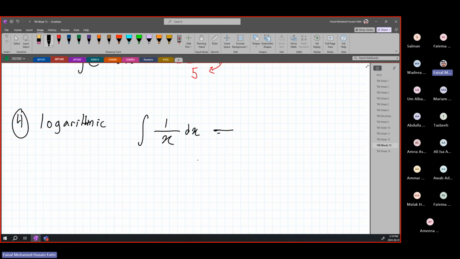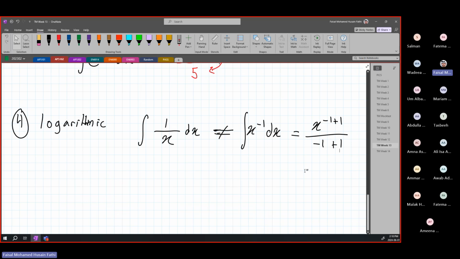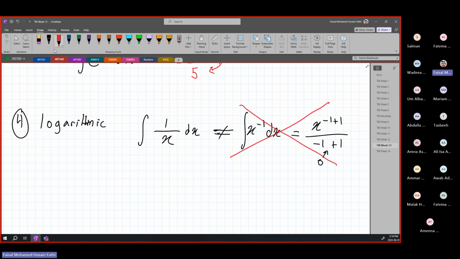This is not equal to x to the power of minus 1, integrating to x to the power of minus 1 plus 1 over minus 1 plus 1. You are not going to be doing this. This is wrong because at the bottom you're going to have 0. This is completely wrong.